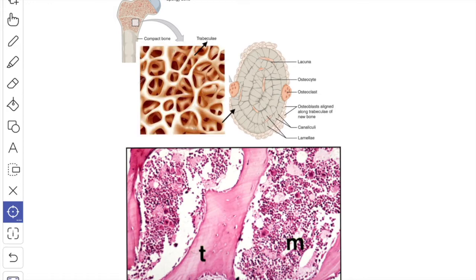Paget's disease of bone is an osteolytic and osteosclerotic bone disease of uncertain etiology involving one or more bones. The condition affects predominantly males over the age of 50 years. The bones are weak and there may be deformities.